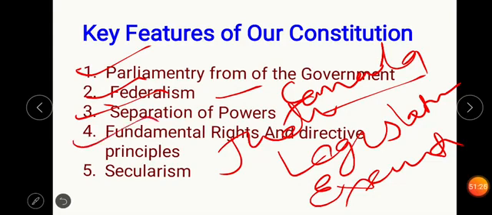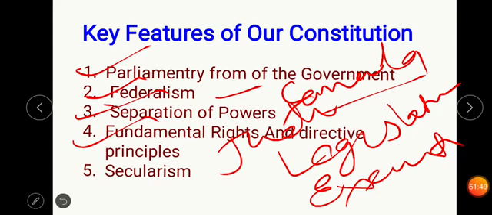Now the fundamental rights and directive principles. The Indian Constitution derives its concept of fundamental rights from the Constitution of the United States of America. Means fundamental rights are adopted from the USA. Understood?